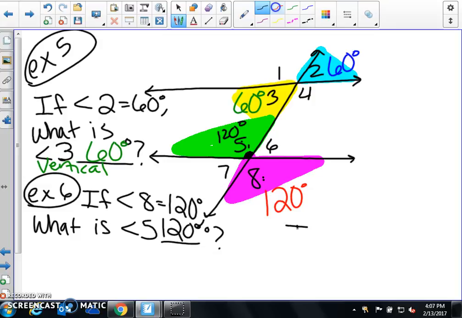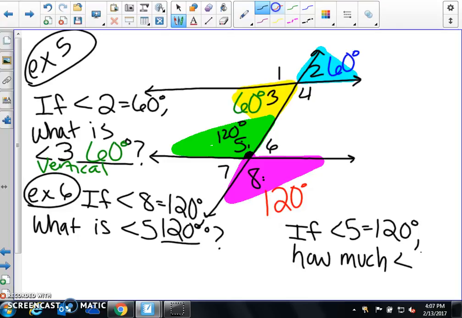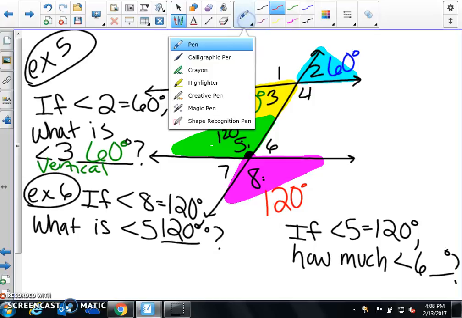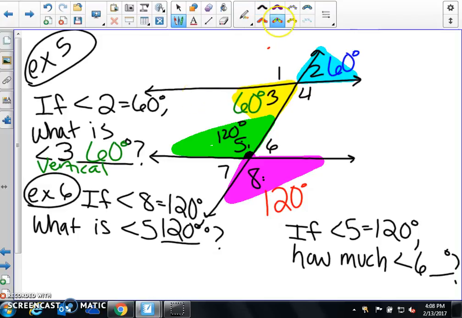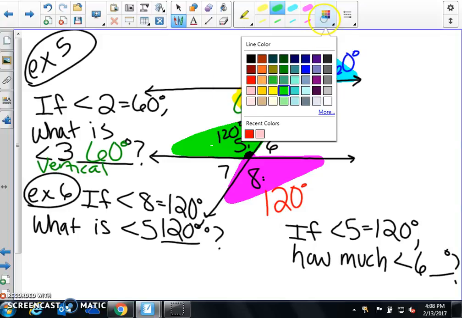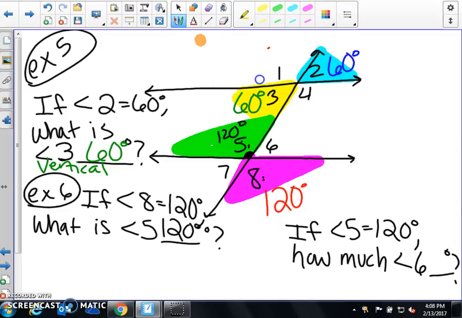Last one, if angle 5 is equal to 120 degrees, which we just found out, how much is angle 6? Okay, so angle 5 is in green. That's 120 degrees. And if we look on here, let's get magical. Here's 6.